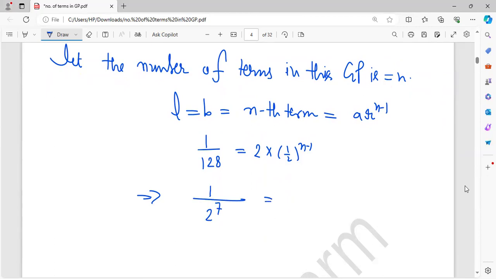And what is this? 1 upon 2 to the power n minus 1. How can I write this? 1 upon 2 to the power n minus 2. And the other side is 1 upon 2 to the power 7.